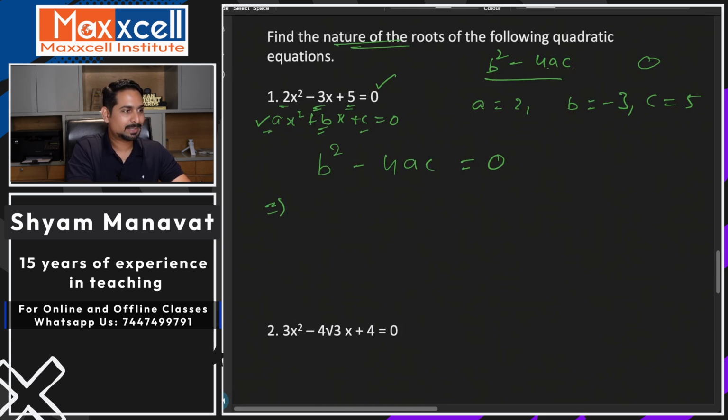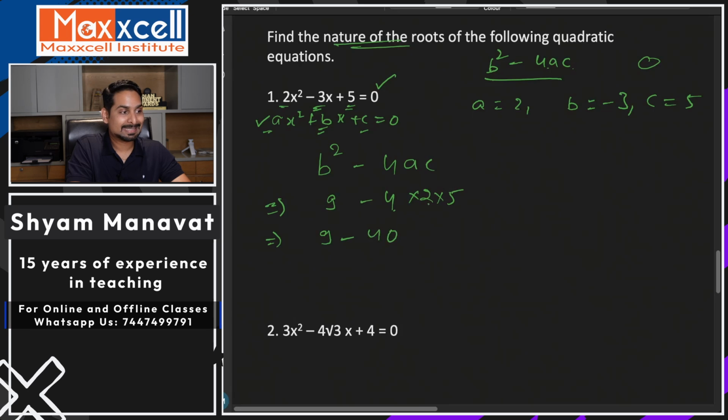Okay. So b square, minus 3 square, is what? 9 minus 4, a is 2, c is 5. Oh, I should not write equal to 0, that we need to check. So what do you get here? 9 minus 4 2s are 8, 5s are 40.